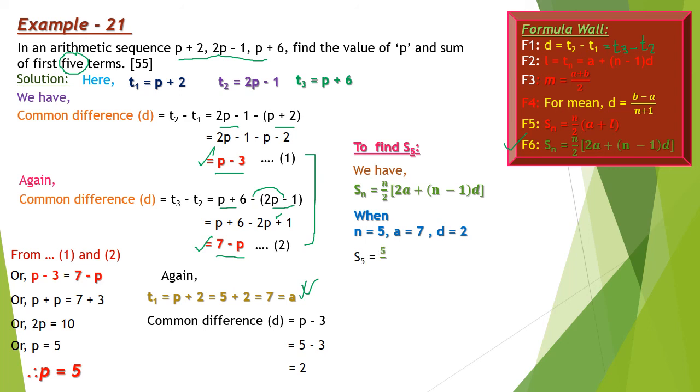Now let's replace all these values. 5 divided by 2, 14 plus 8, 4 into 2, 8. 5 by 2 into 22, that is 55. Okay, now the sum of the first 5 terms is 55, meaning the value of p is 5 and s5 is 55.